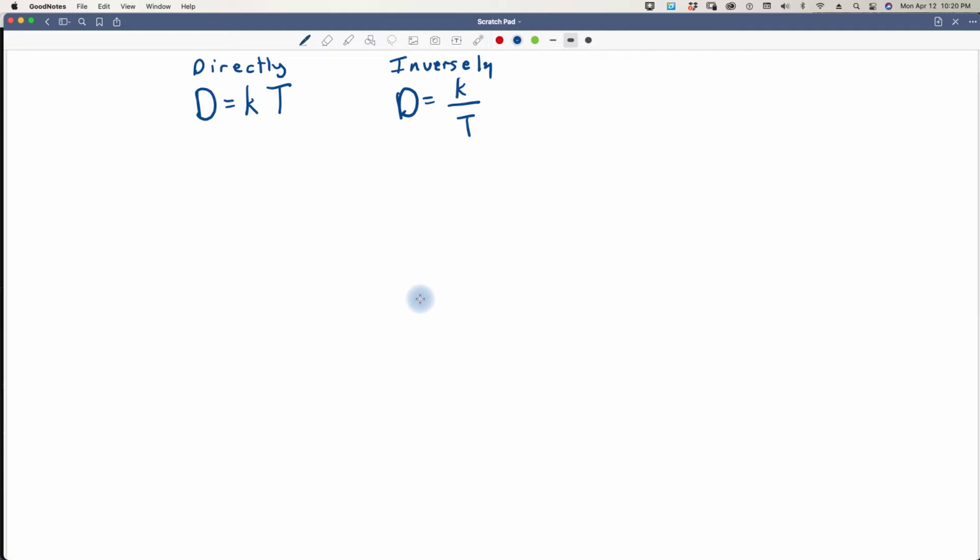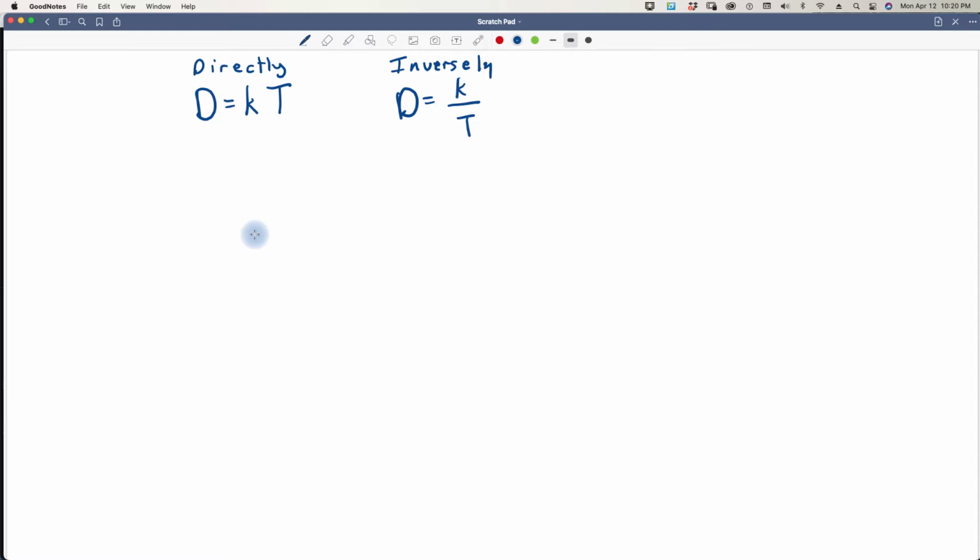Now we're going to add squared to this. All it is going to say is that one of those variables is squared. Let me read you a couple statements so you can see what I'm talking about.